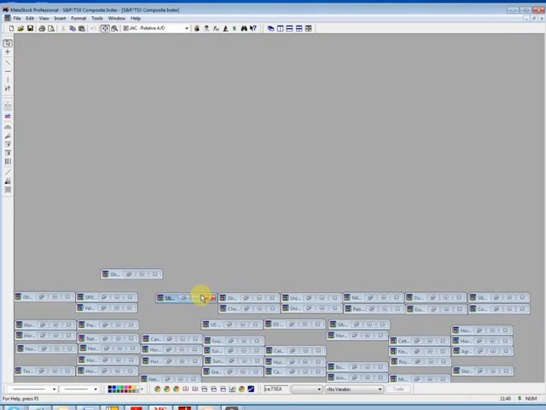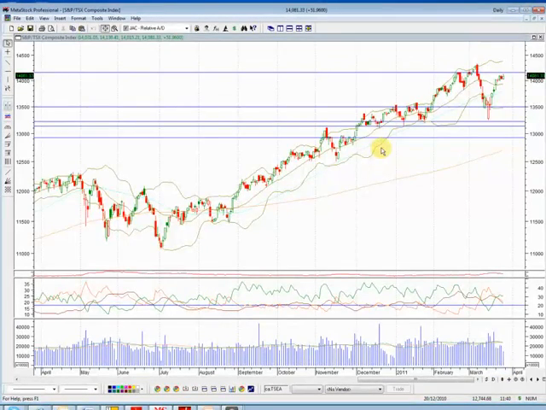The Canadian index, the S&P TSX 60, is also quite strong today.